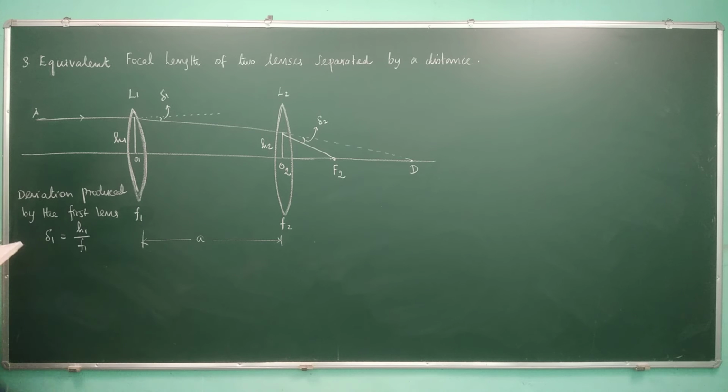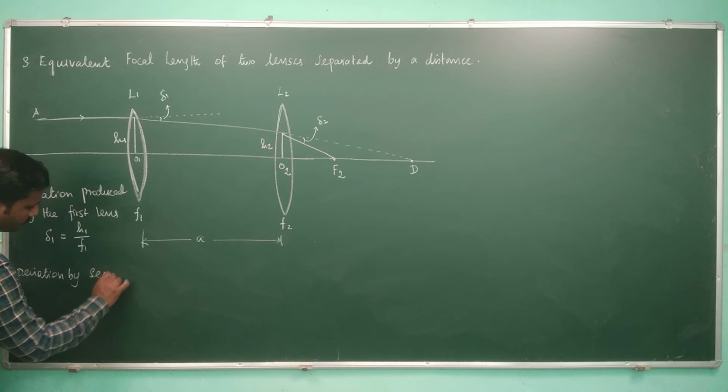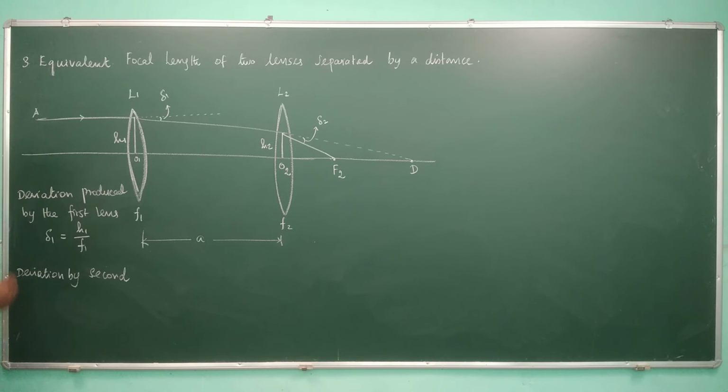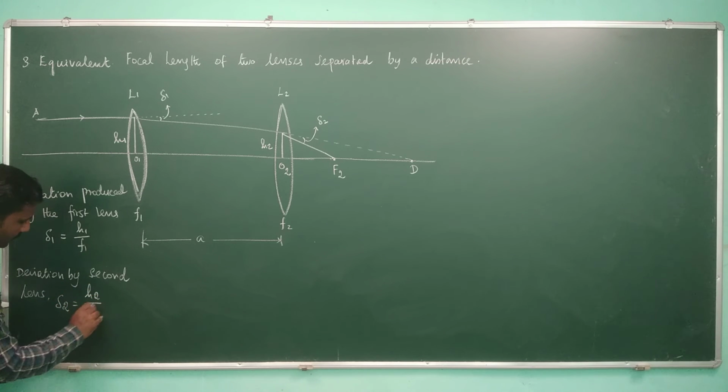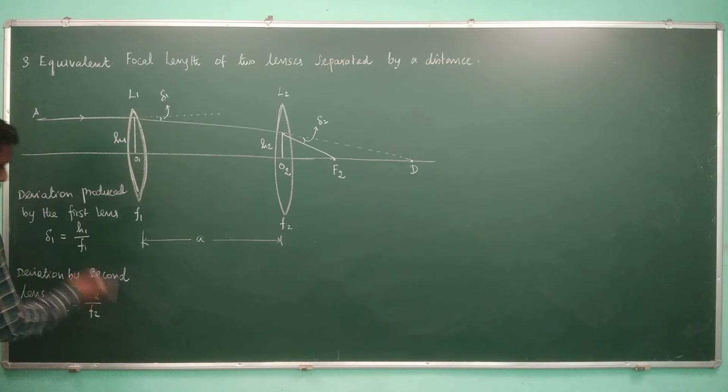And similarly, the deviation produced by the second lens, delta 2, is equal to h2 by f2. These we already know, it's not new to us.